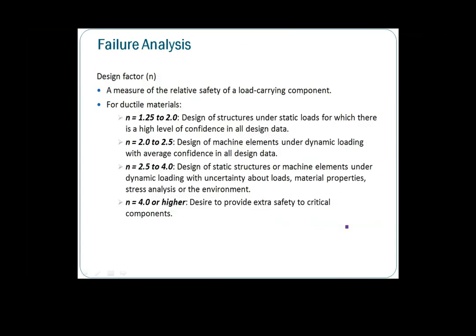This is what we call the factor of safety, just for your reference, if you are unsure what factor of safety to use, especially for ductile material. Usually for static analysis, if you know your structure is subject to static loads and you have a very high level of confidence in all the design data, then 1.25 to 2 factor of safety is good.